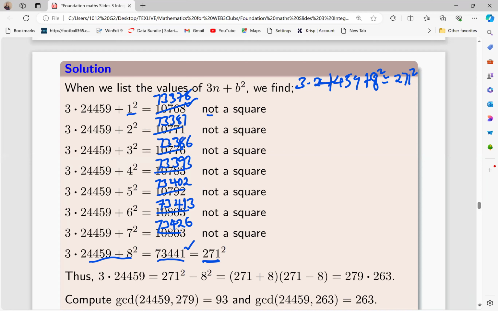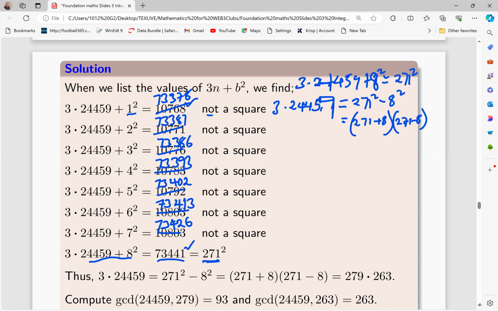When you take 8 square the other side of the equal sign, what you have is 3 multiplied by 24,459 is equals to 271 square minus 8 square. And this right-hand side can be factored to be 271 plus 8, 271 minus 8.